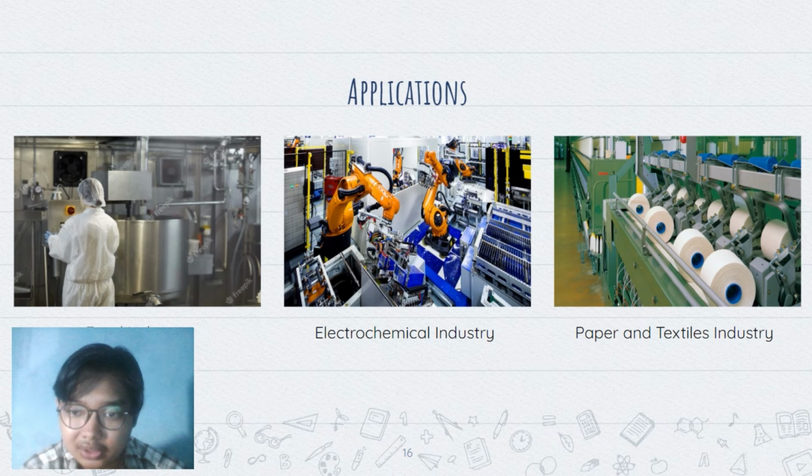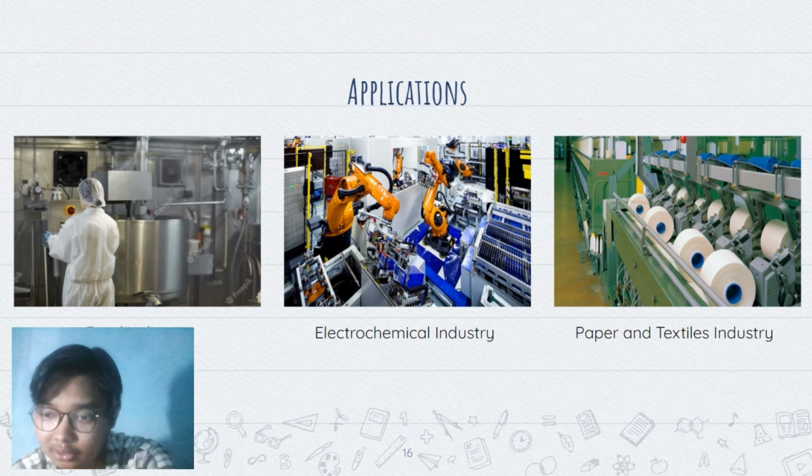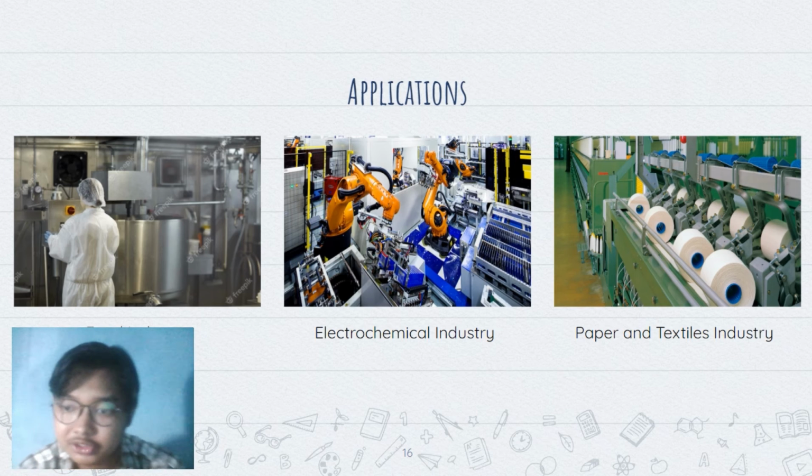And the last one, the paper and textile industry. The paper and textile industry require accurate pH measurement to ensure the wastewater produced in the plant does not damage equipment and the environment. Wastewater typically contains effluents which can adhere to the electrodes used in paper making.